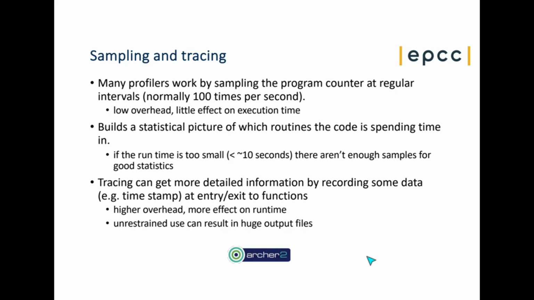So you can look at load imbalance across threads as well as across ranks. And as I say, exactly controlling and interpreting what you're looking at can be quite complicated.